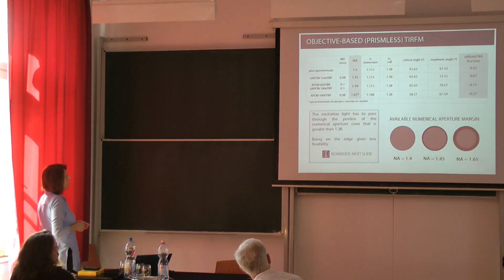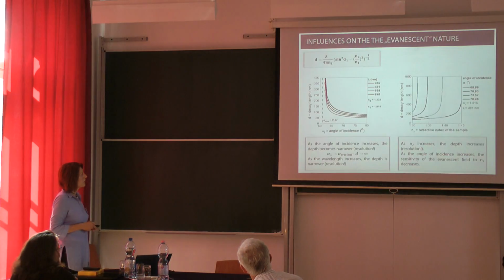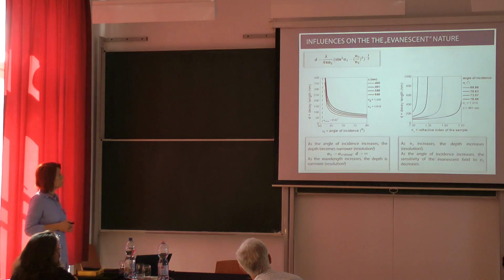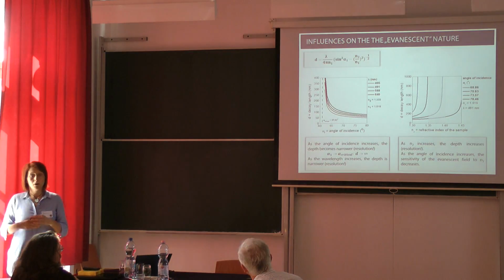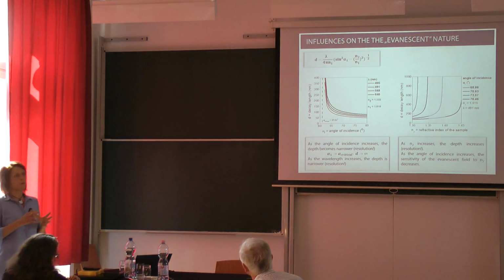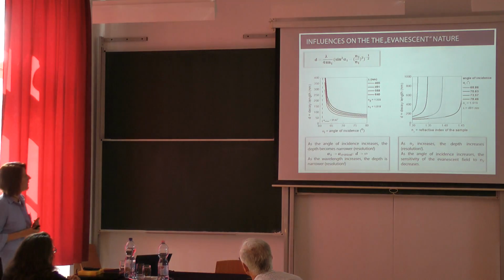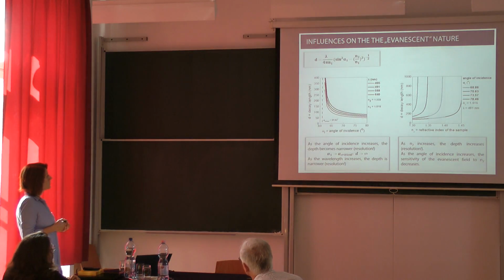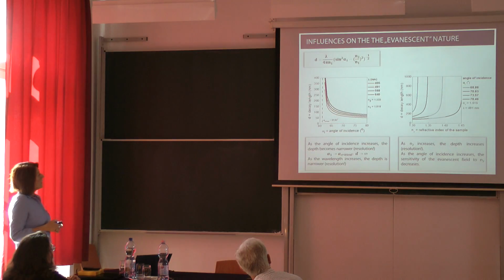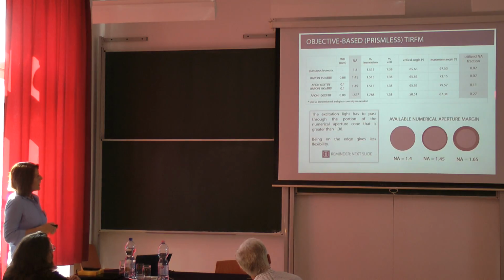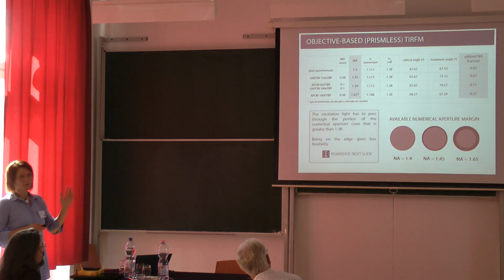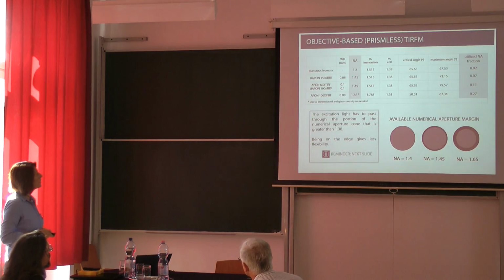So why is it important? This is my previous figure, which also highlights the importance of the fraction of the numerical aperture of the objective that you can use for TIRF illumination. If you have a higher fraction that can be used, then you have more flexibility in setting the angle of incidence. That's the starting point.